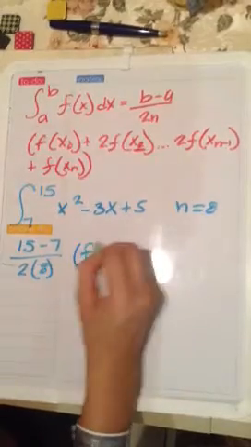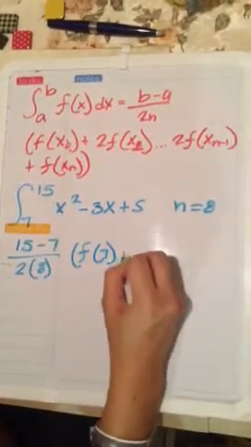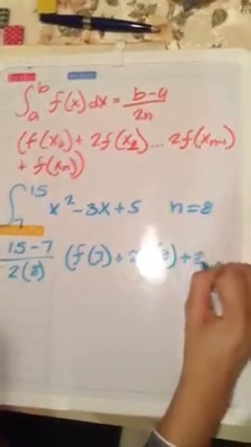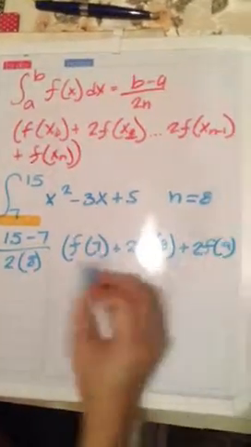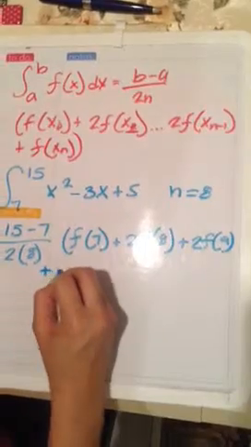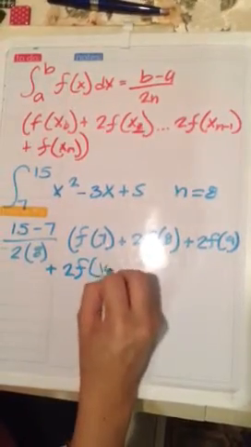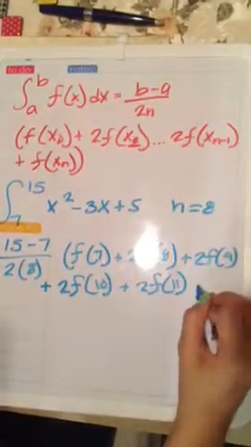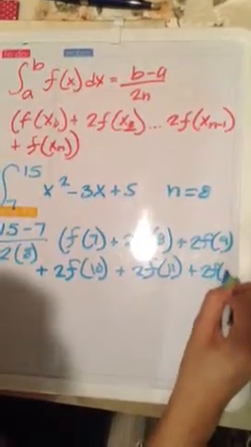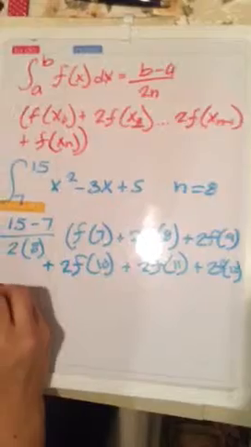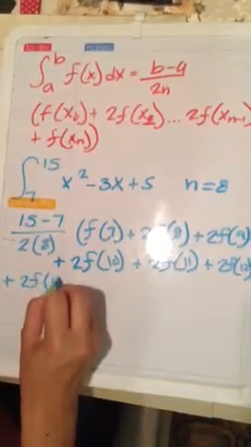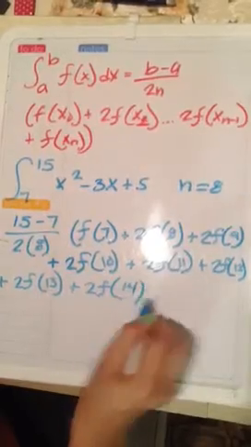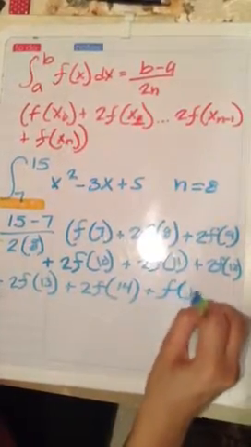Now, f of 7 plus 2f of 8 plus 2f of 9 plus 2f of 10 plus 2f of 11 plus 2f of 12 plus 2f of 13 plus 2f of 14 plus f of 15.